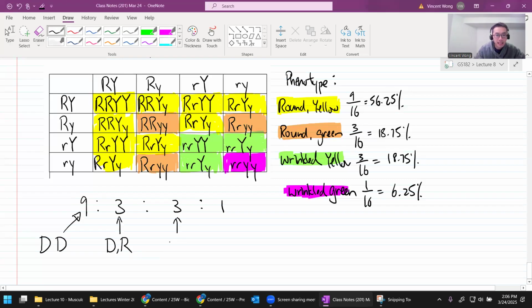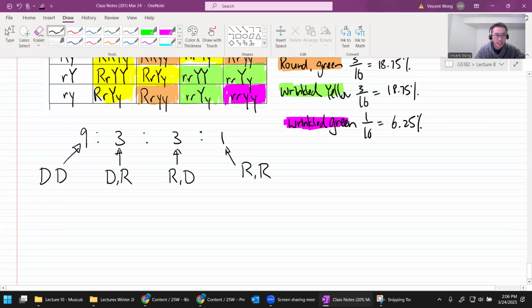This one is the same thing, one trait recessive, the other dominant. And the most rare phenotype, because it always gets covered up, is when both traits are recessive. How are you going to use this ratio? Remember 9331.